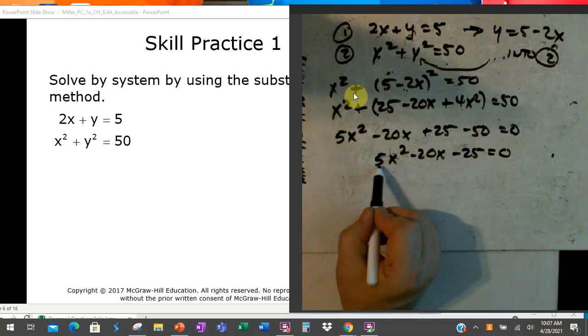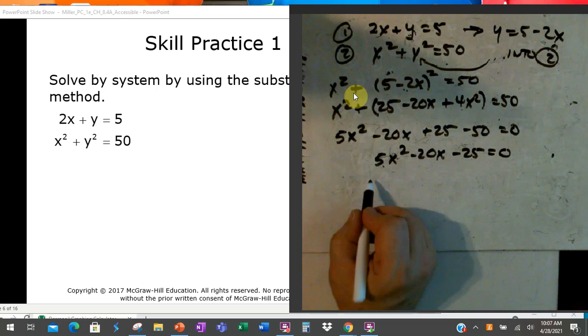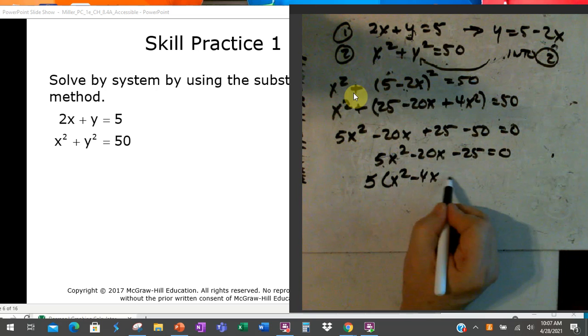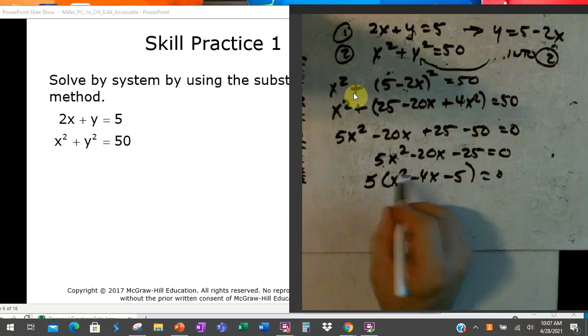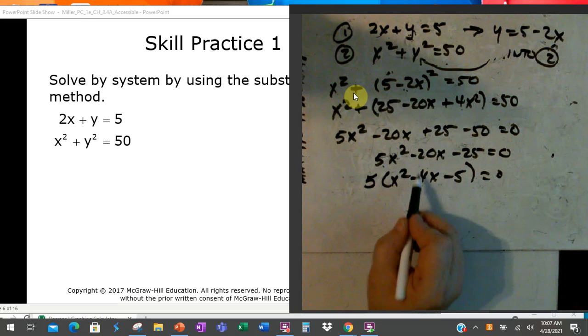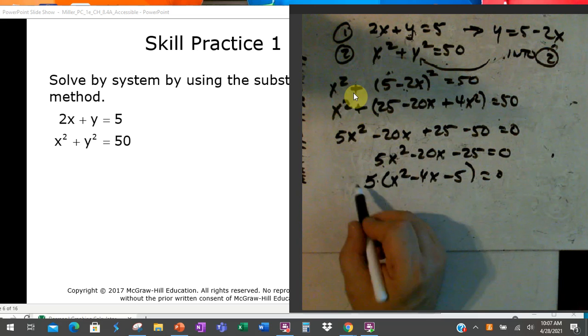I'd like to get a 5 out of these. I'd like to make this 1 to ease factoring. So if I go 5, x squared minus 4x minus 5, I divide by 5 for each one of these things. 5x squared minus 20x minus 25. Okay. 5 is never equal to 0, so I don't have to worry about that.